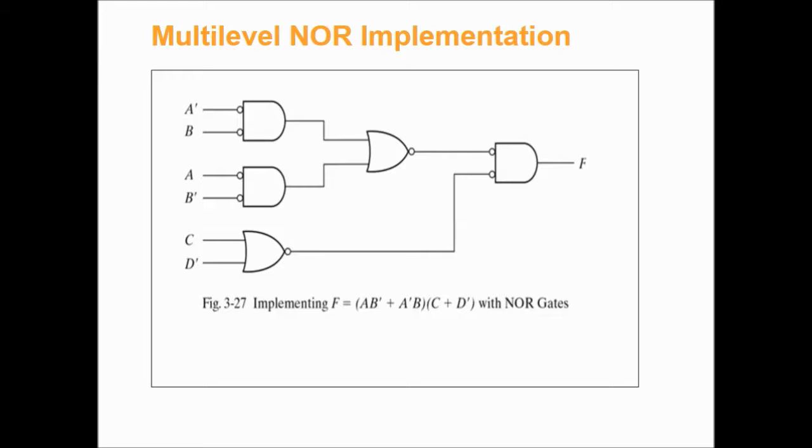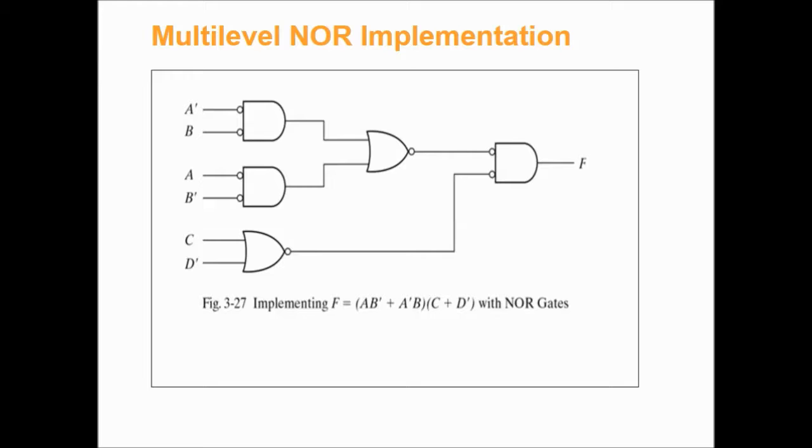Any bubble that is not compensated by another bubble along the same line needs an inverter or the complementation of the input literal. The transformation of the AND-OR diagram into a NOR diagram is shown here.